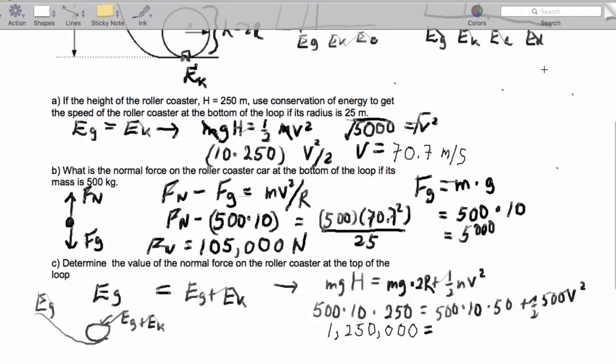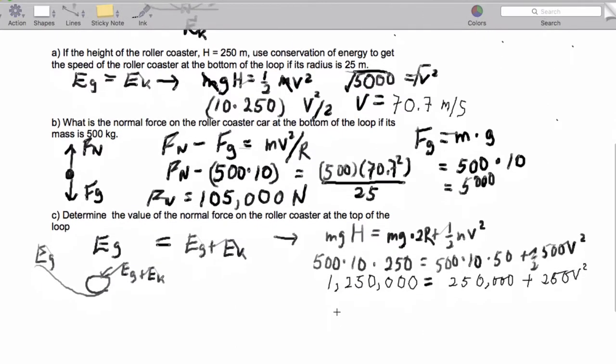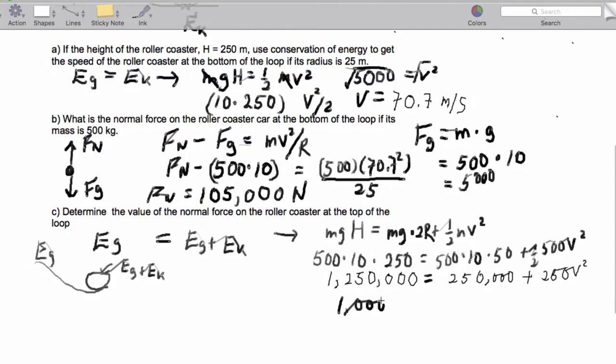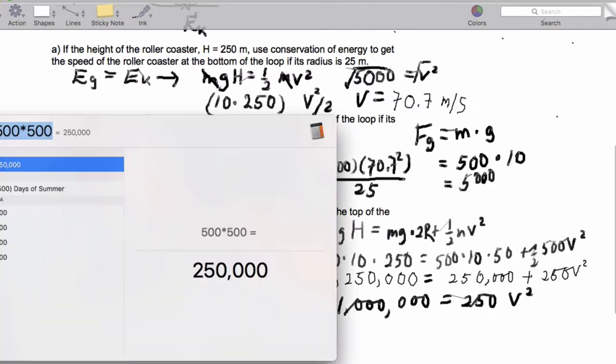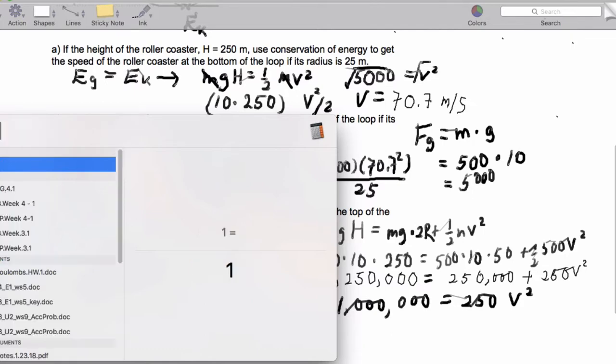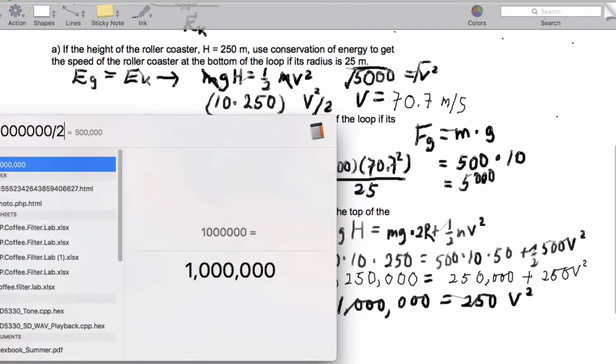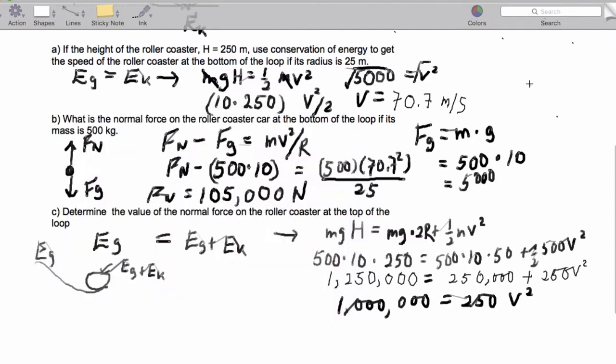It's a pretty big number. 250,000 plus 250 v squared. So I'm going to end up getting 1 million equals 250 times v squared. So let's get v squared isolated. That's going to give me 4,000 is v squared.